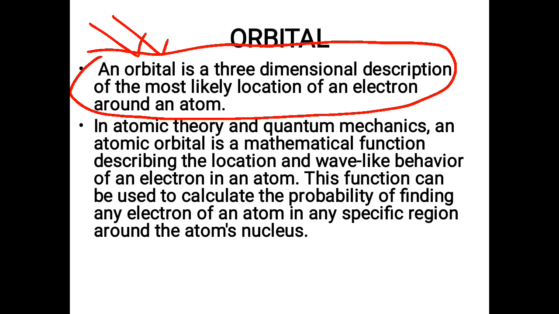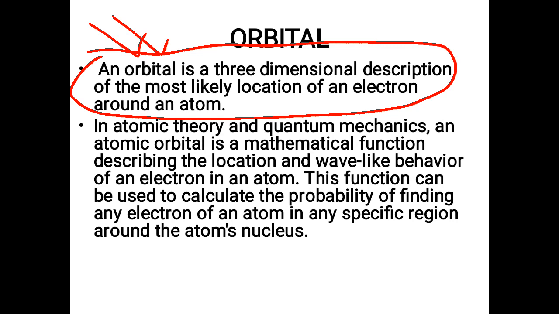Niels Bohr proposed the structure of the atom in which he used the word orbit, and he proposed that it's a definite path on which an electron moves around the nucleus. But due to defects in Niels Bohr's model, many problems came with the position and momentum of electrons.